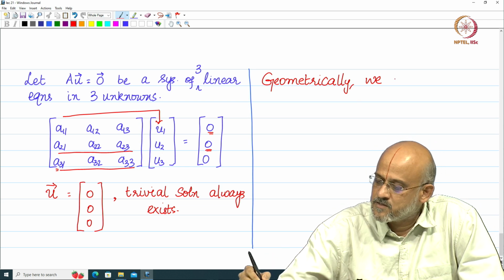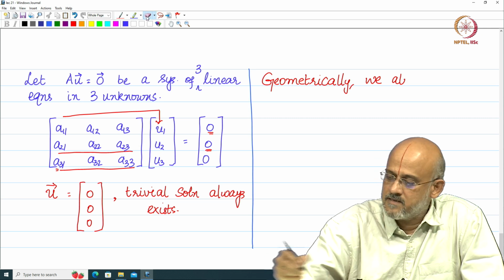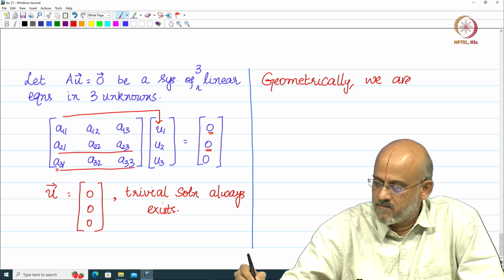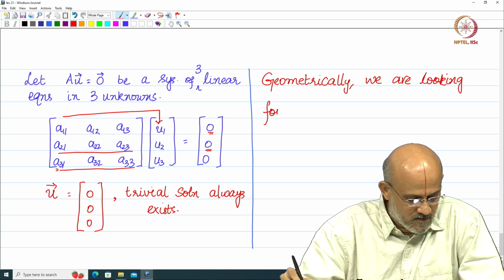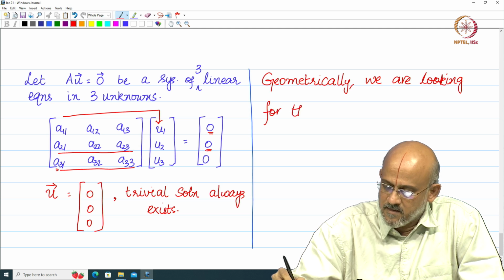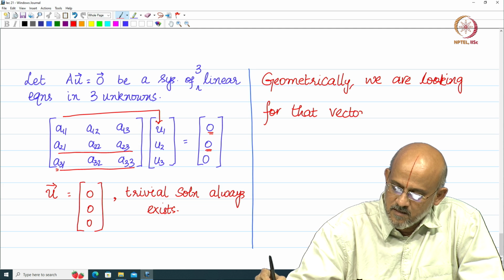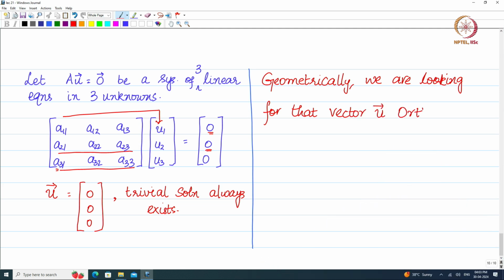So geometrically, we are looking for that vector u which is orthogonal to, that is the key point here.